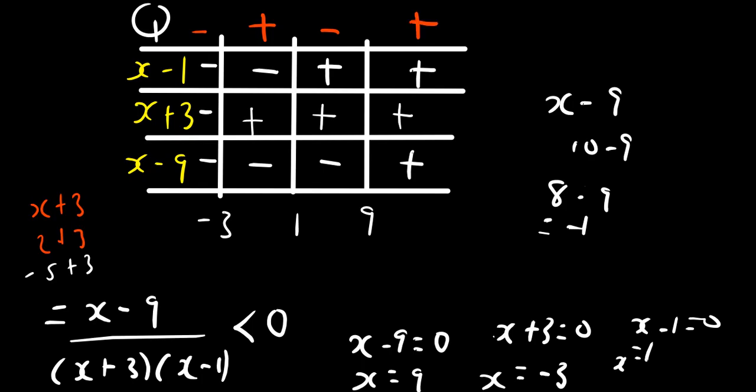Okay, now what will be our solution set? Our inequality is values of x that are less than 0. So we want all values that are less than 0. You know that values that are less than 0 are negative numbers.